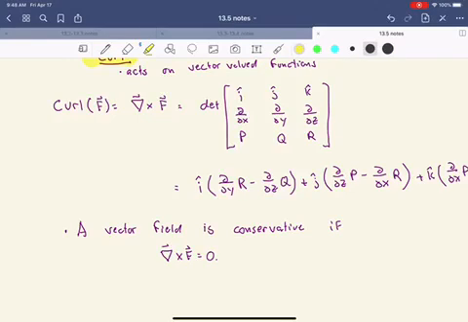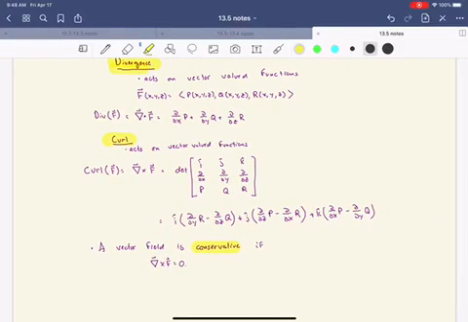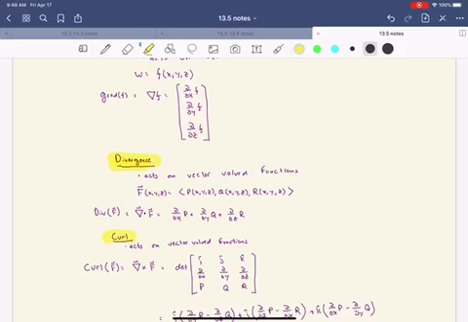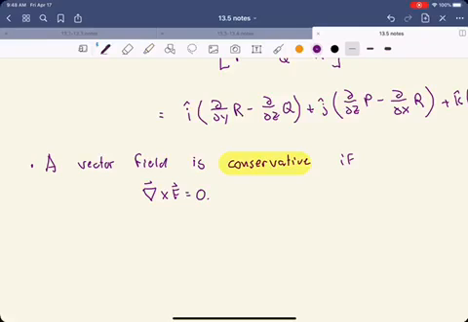Okay? And that makes sense if you think about it. Because what did we do? We actually did this on the last section. If it's conservative, that means it's a gradient function, right? That means that f is the gradient of f for some scalar function.